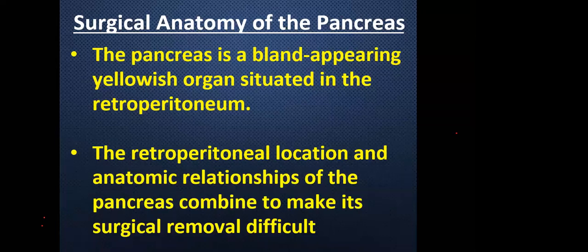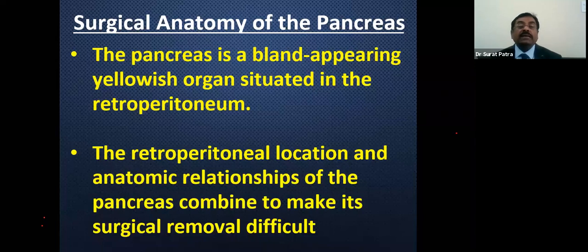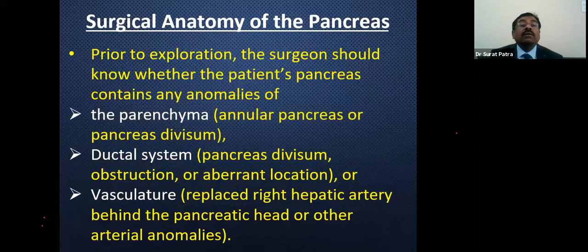The very retroperitoneal location and the anatomic relationship of the pancreas combine to make its surgical removal difficult. Prior to exploration, the surgeon should know whether the patient's pancreas contains any anomalies of the parenchyma, ductal system, or vasculature.